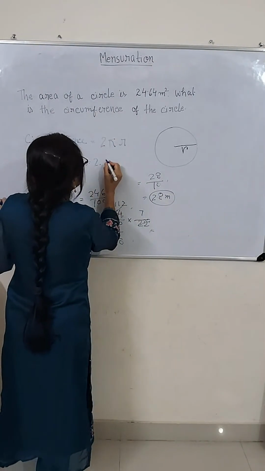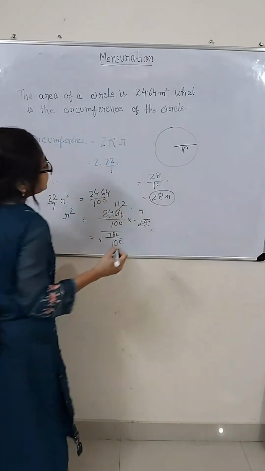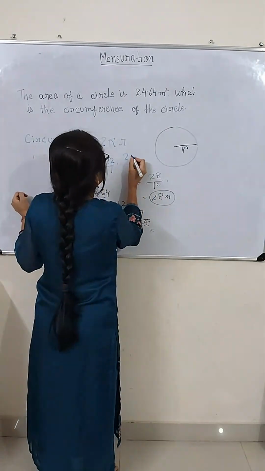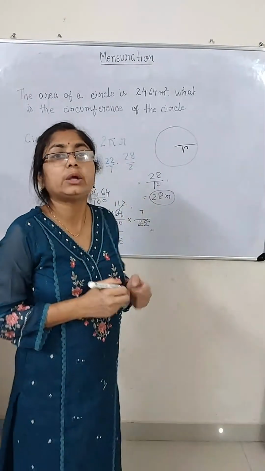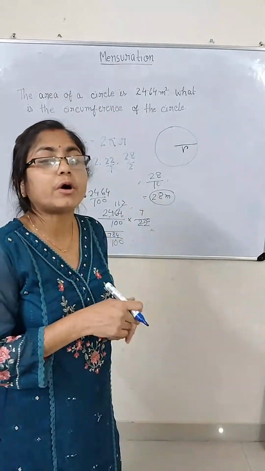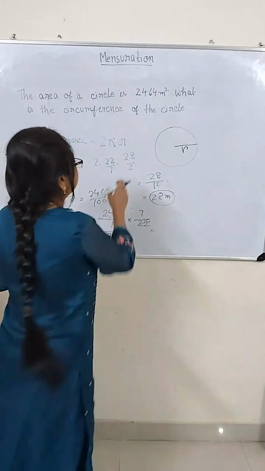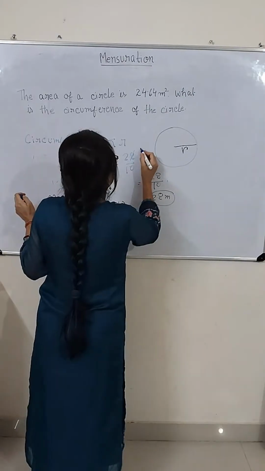2 into 22 by 7. In that case, you remove the decimal one more time, so you can write 28 by 10. Okay, you can use 2.8, I have no problem, but you face problems. So for that reason, I will remove the decimal. You write 28 by 10. Now divide it. It is 4.